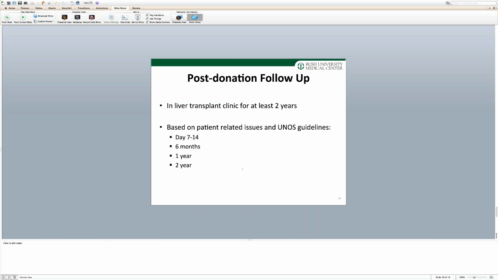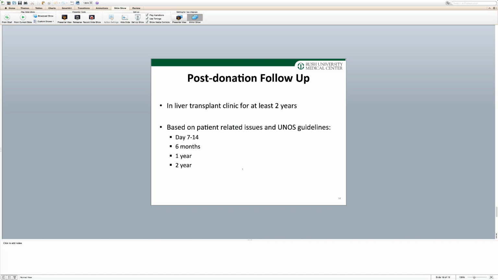After donation, donors are followed up for at least 2 years in the liver transplant clinic. Based on the UNOS guidelines, patients should have at least 4 appointments during this period of 2 years in the transplant clinic: in the first 2 weeks, at 6 months, at 1 year, and 2 years after donation.